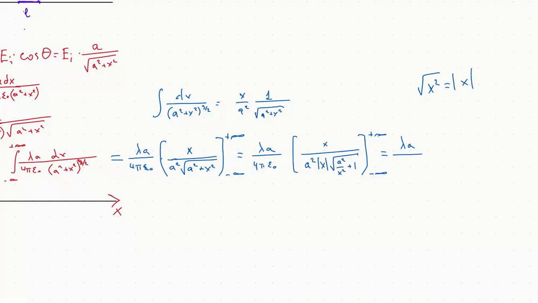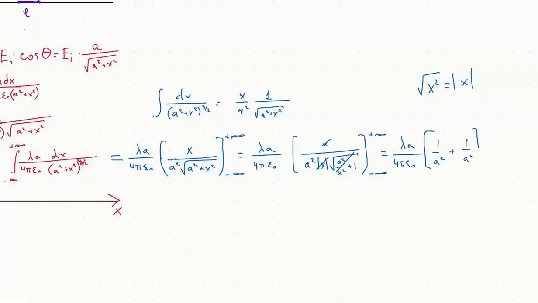Now I substitute plus infinity, and I get 4 pi epsilon naught, open bracket. I substitute plus infinity. This cancels. This becomes 1, so it's just 1 over a squared. Then I substitute minus infinity, and magically I get minus minus, and it becomes 1 over a squared.